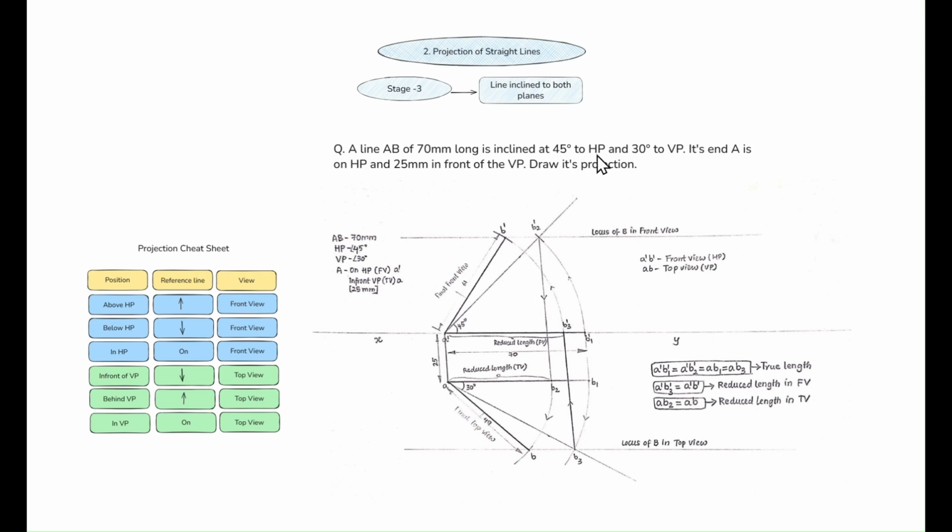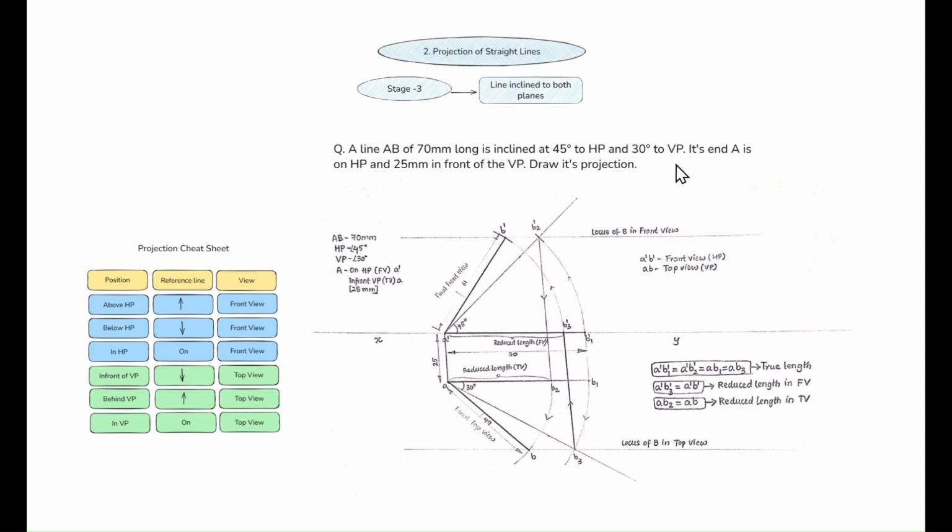From A dash, the point we plotted first, take the protractor, place it, measure 45 degree and draw a line of any length. So from A dash you draw a 45 degree line, and a 30 degree angle to VP, since it is mentioned in the question.